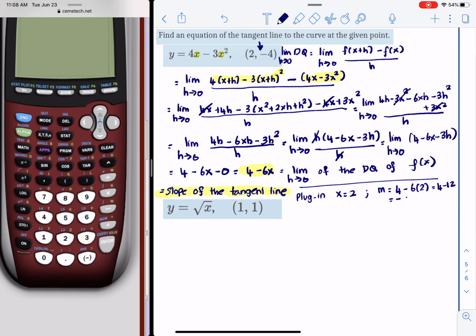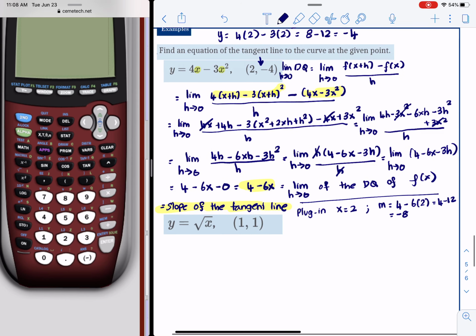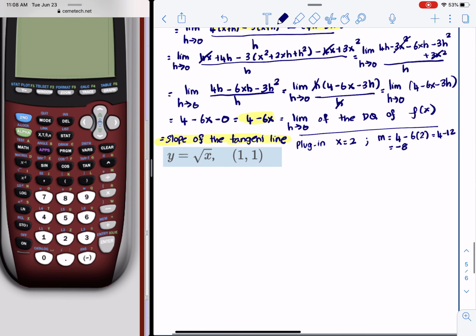We get minus 8. So if I represent it in point slope form, the point x1, y1 is 2 and negative 4. So y minus y1 is equal to m times x minus x1.